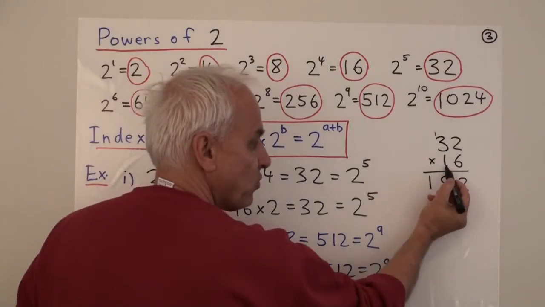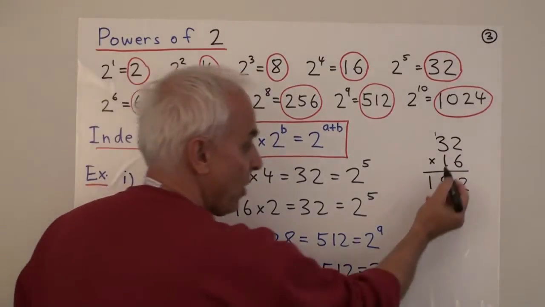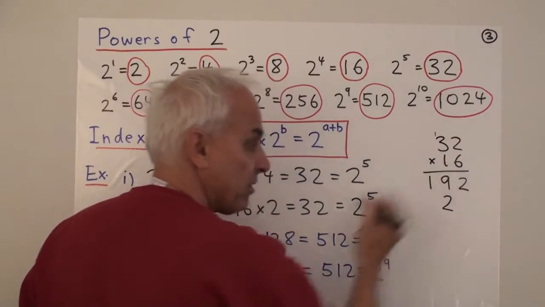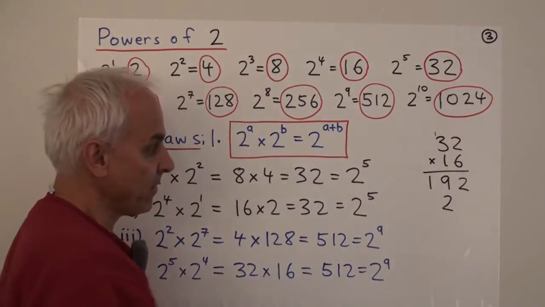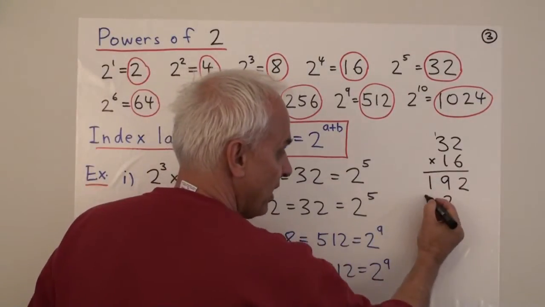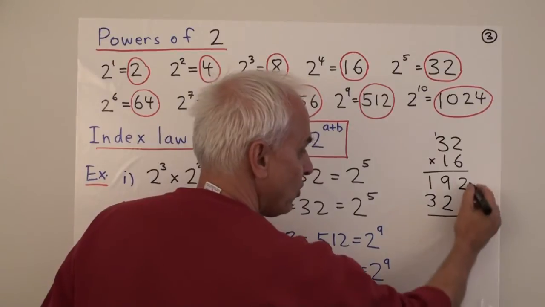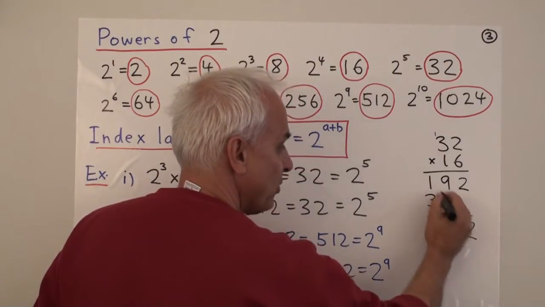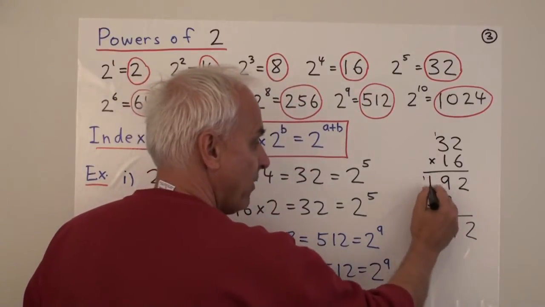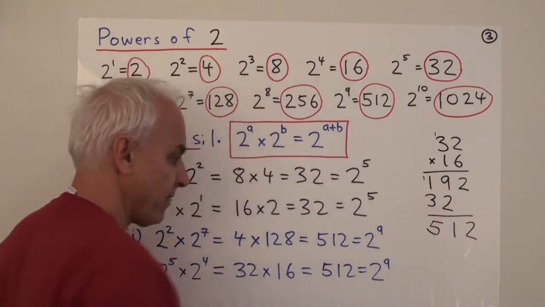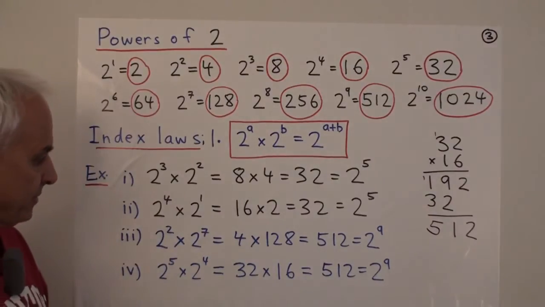Now we're multiplying by this 1, which is in the tens column. 1 times 2 is 2, but it has to go in the tens column because we're multiplying by something in the tens column. And 1 times 3 is 3, so that goes there. And then we add things up. 2, 9 plus 2 is 11, so we carry the 1, and 1 plus 3 is 4, plus 1 is 5. 512. That's how we get that there.